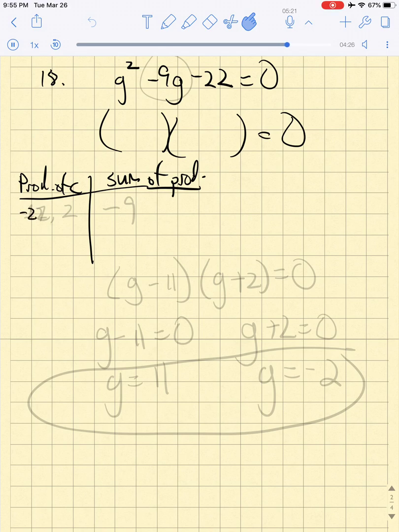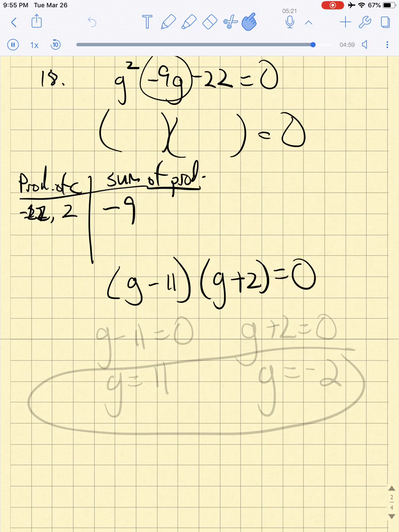We could say negative 22, negative 11 and 2. If we did negative 11 plus 2, we would get a negative 9. Is that what we have in the middle? Yes. So our factoring is done. We know that it's going to work. It's G minus 11, G plus 2. This is all equal to 0.